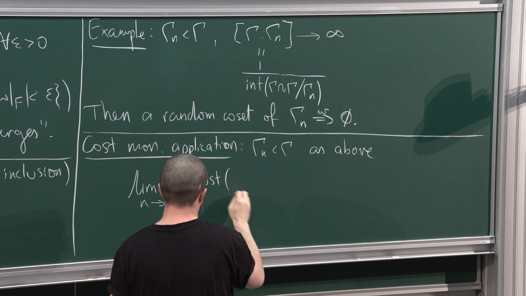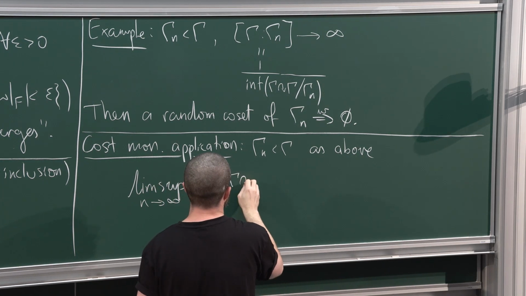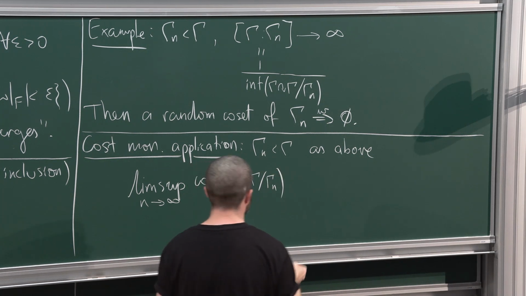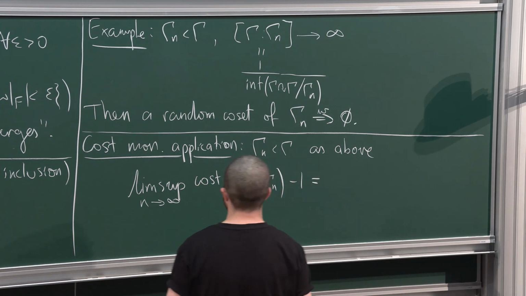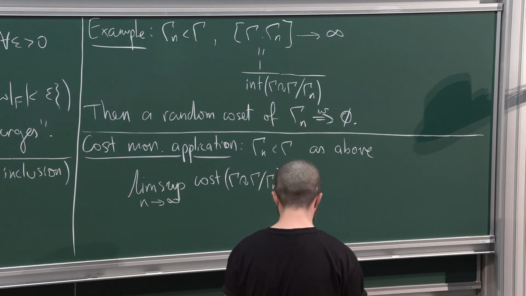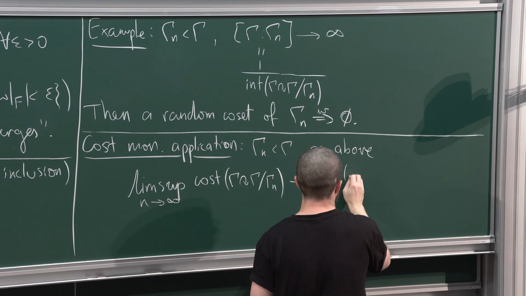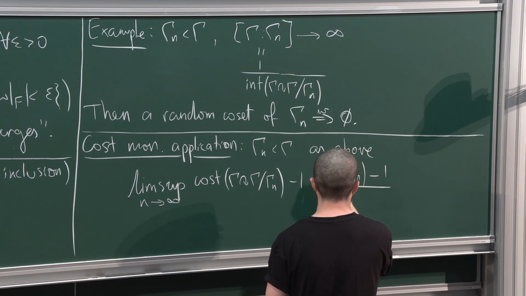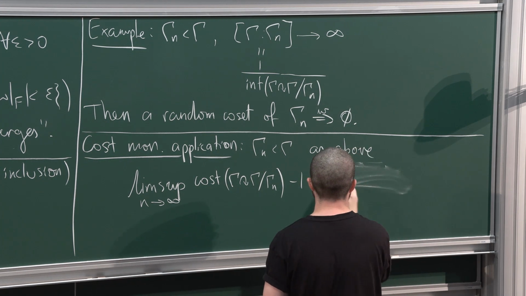Cost of the lattice shift action minus 1. We have seen what this cost is. This is the normalized rank. Whoops. Lim sup.